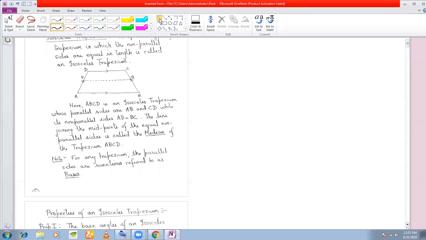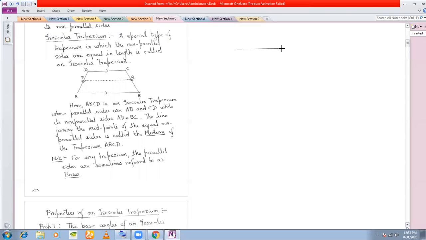So if I have a trapezium, obviously two sides will be parallel.